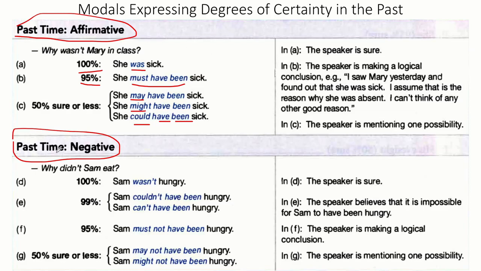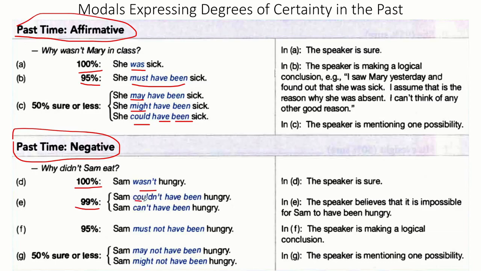Now, if we go into the past time negative form, again, when we are 100% sure, we simply conjugate the verb into the past. So, Sam wasn't hungry. If we are 90% sure, Sam couldn't have been hungry.